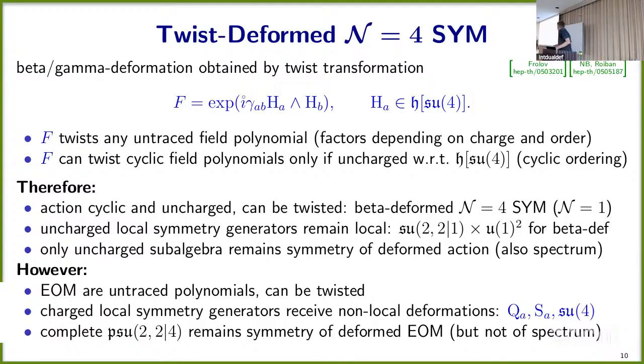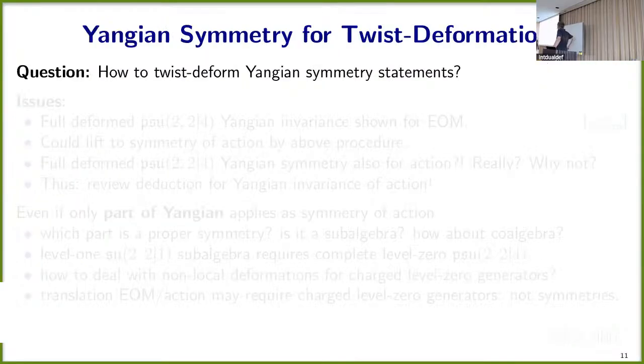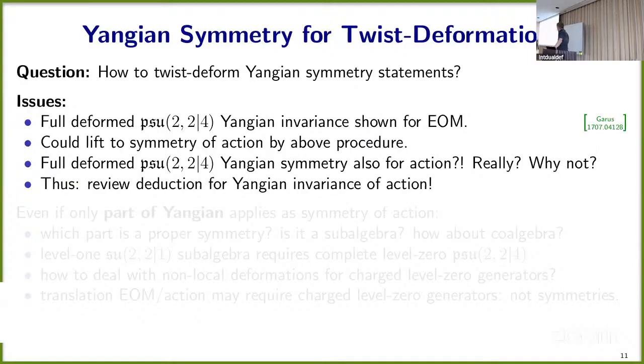And that's left us with a funny situation, because how to twist deform the Yangian symmetry statements that we had? Ours were based ultimately on the equations of motion, and maybe the action is even fully symmetric.